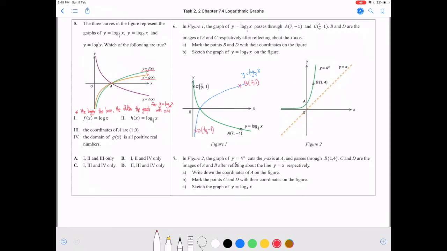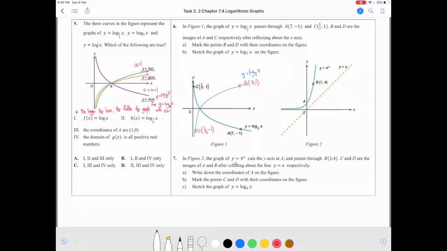That means the base should be bigger than 1. The graph of y equals h(x) is going down, right? That means the base is between 0 and 1. Therefore, h(x) should be y equals log base 1 over 5 of x.